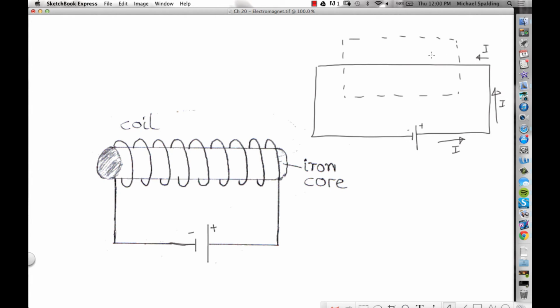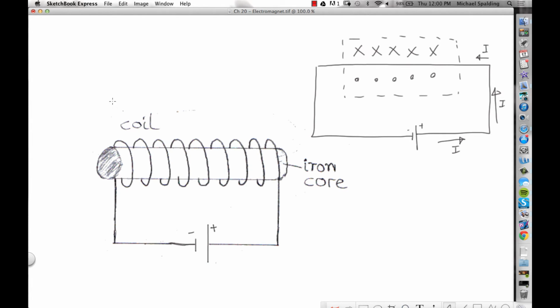You've got to use which rule? Right hand rule number 2. Your thumb goes in the direction of the current, and then your fingers curl. So what would the magnetic field be doing up here? Going in, so X's are in, and then down here it would be dots, right? So it's a circular path. The magnetic field would be a circular path.